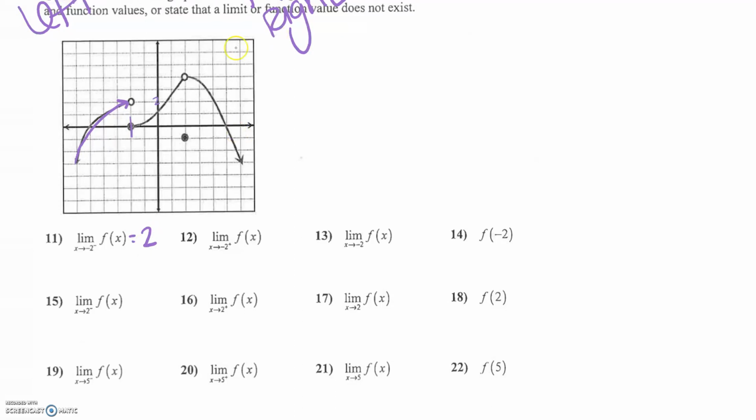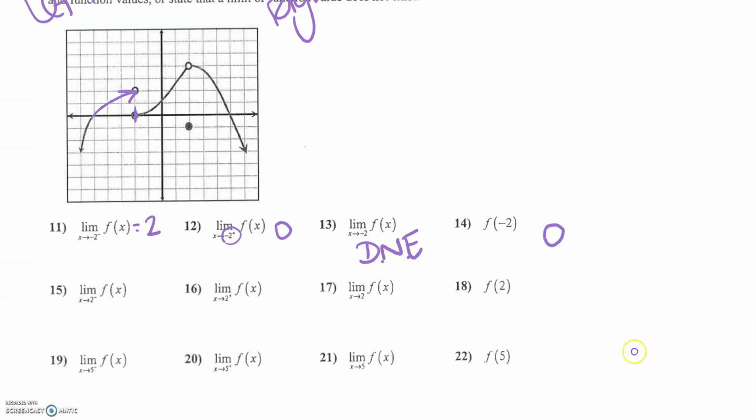The limit coming from the right to negative 2 is 0. However, the limit just to negative 2, because these have differing answers, the limit does not exist. The actual value at negative 2 is 0.